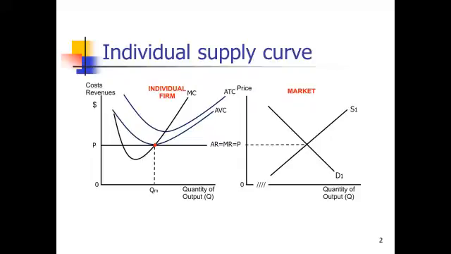So in this diagram here, we see that the market determines the price P at the intersection of demand curve D1 and supply curve S1. And if we track this across to the individual firm, which is the left-hand graph, we arrive at the intersection of the marginal revenue curve, which is the straight line here, and the marginal cost curve.